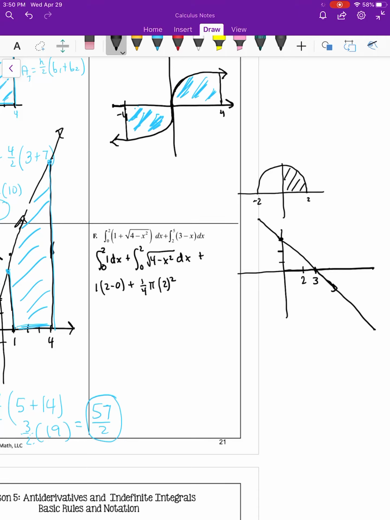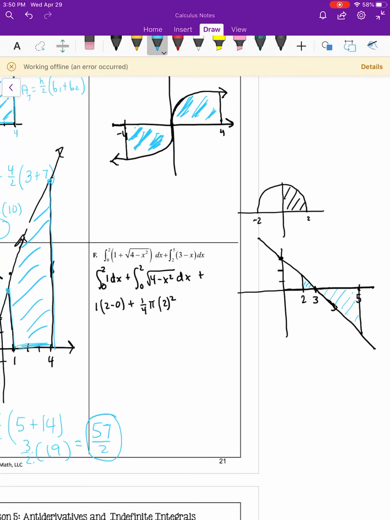It would cross here at 3, right? And so if I'm going from 2 to 5, I know that's not perfect, guys, but that's basically what it's going to look like. We are talking about this positive area, this negative.